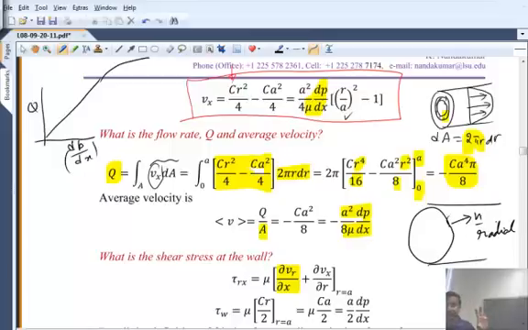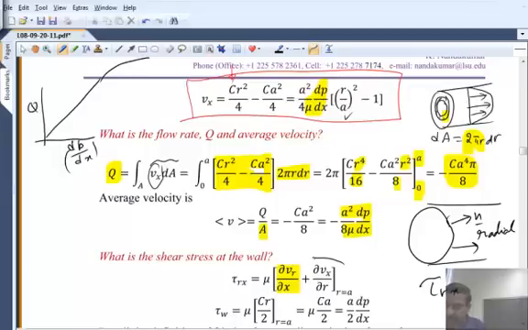So the first subscript in tau should be r, which identifies the surface. The second one should be the axis. So what is the force acting on the surface in the axial direction? Okay. Will there be a force acting in the circumferential direction? Not for this problem, because the flow is in the axial direction. Okay. And so it is that component, tau rx.